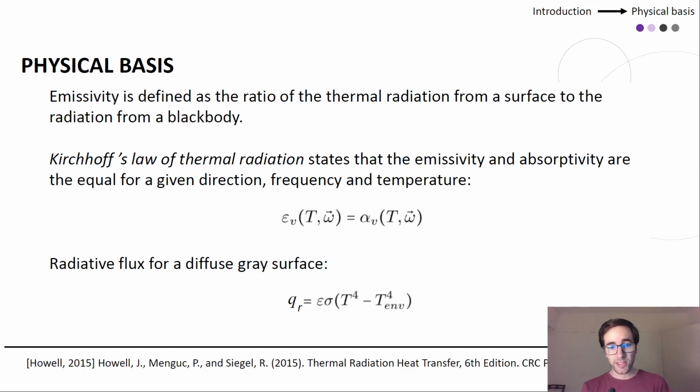So we have what is typically called a gray surface, which is a surface that accomplishes this, and it can be said that the radiative flux or the radiative equilibrium at one point of this gray surface depends on the temperature of itself, but also on the temperature of the environment it is in. And this is also composed by the emissivity, which will relate these two terms.